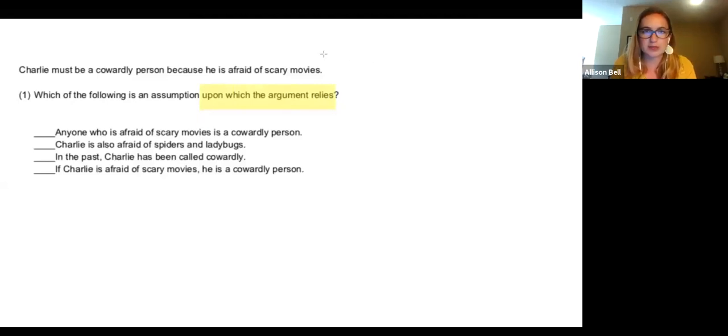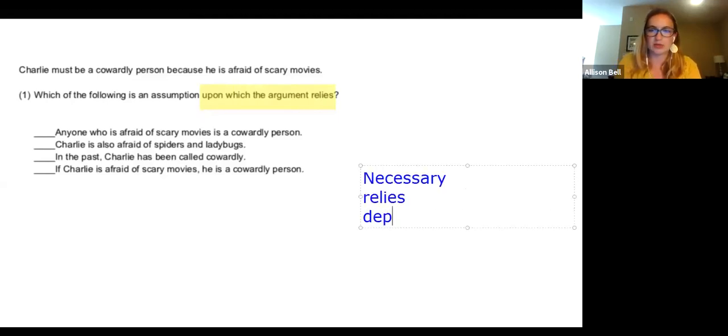So you'll know you're being asked for a necessary assumption when you see words like necessary, relies, or depends on, telling you that an argument needs something in order for that argument to possibly work. So I want you to take a look at these 4 answer choices and think about which of the 4 needs to be true in order for us to come to the conclusion that Charlie must be a cowardly person.